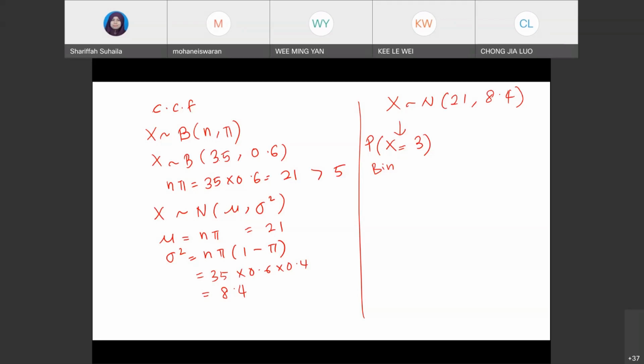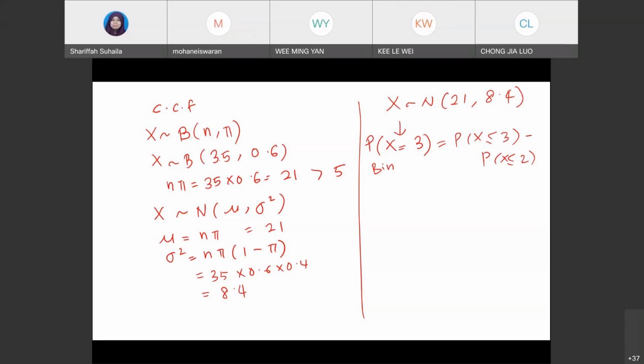But when your n is greater than 30, you have to change. You need to find something to approximate in order to find the probability values. Your X is binomial, so probability X equals to 3, normally what we do is probability X less than or equal to 3 minus probability X less than or equal to 2. This is what we did if you refer to binomial probabilities, because what we give you is cumulative binomial.